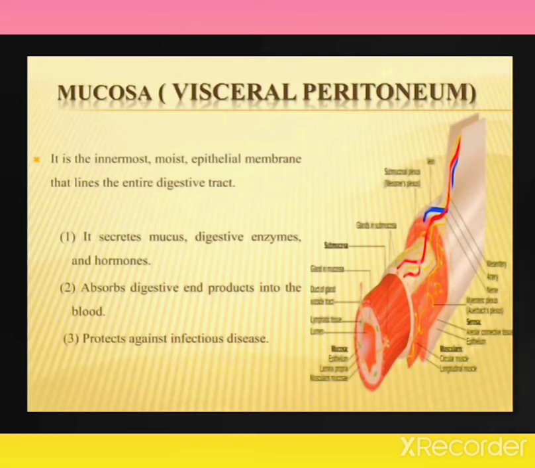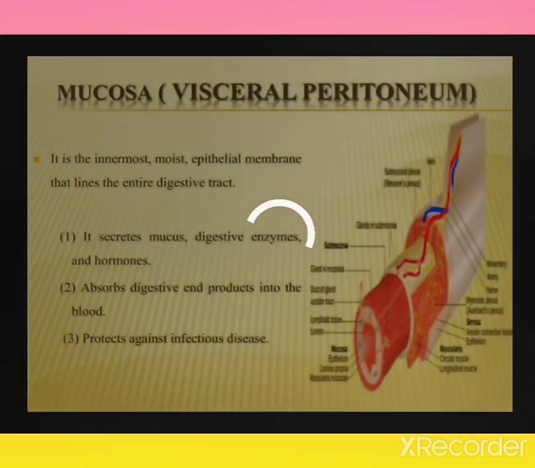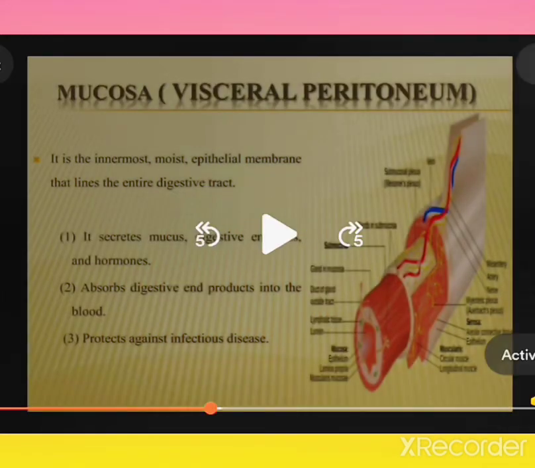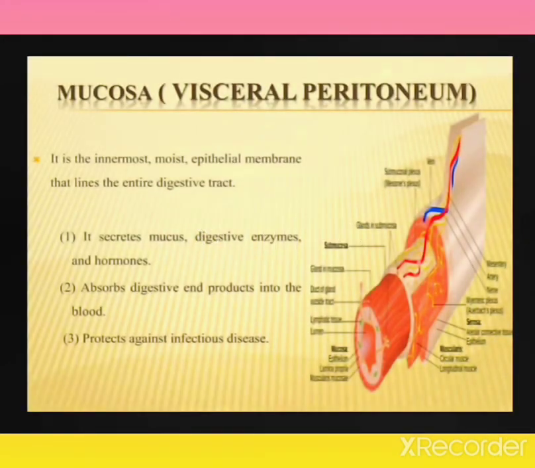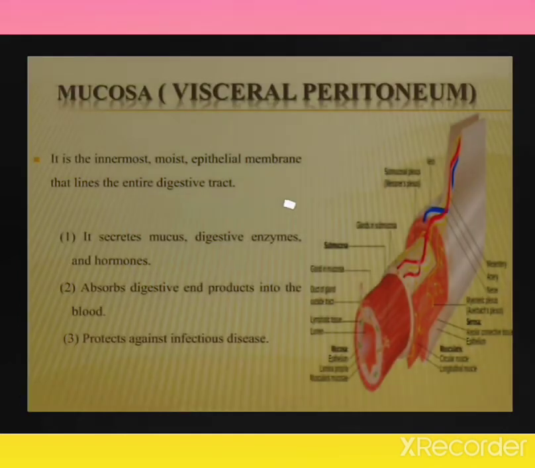Now the innermost moist layer of the GI tract. The innermost moist epithelial membrane called mucosa lines the entire digestive tract.